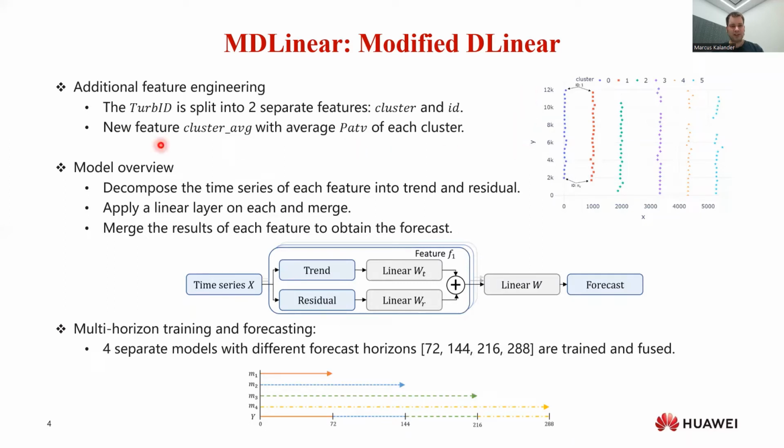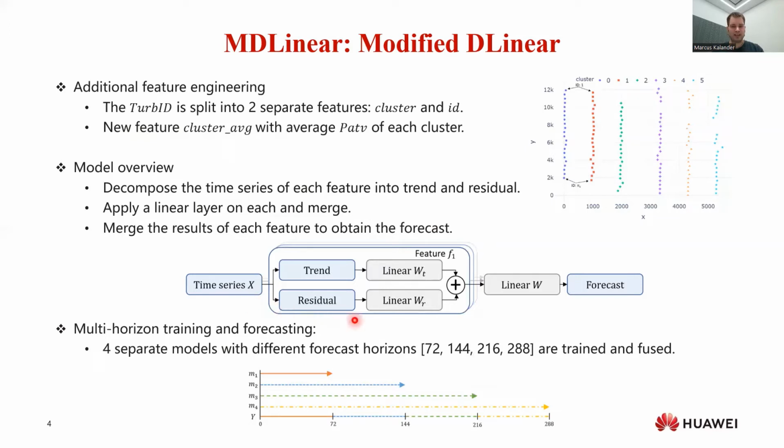And from this, we additionally create a new feature, cluster average, which is the average active power of all the wind turbines within a cluster. This takes advantage of the spatial information to improve the performance and robustness of the model. And for the model itself, it's actually exceedingly simple. We first take the time series of each feature independently and split them into a trend and residual part.